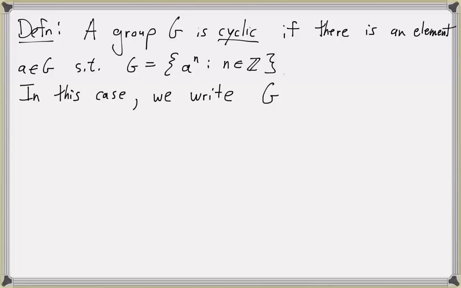And the notation is G is the cyclic group generated by A, so we use these angle brackets around A, the generator.